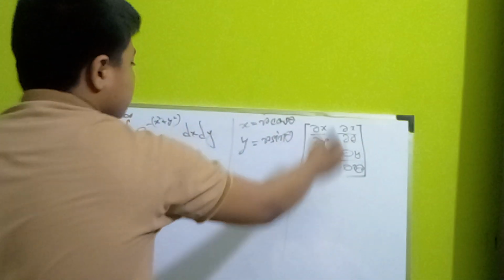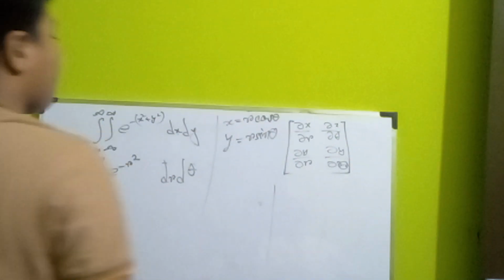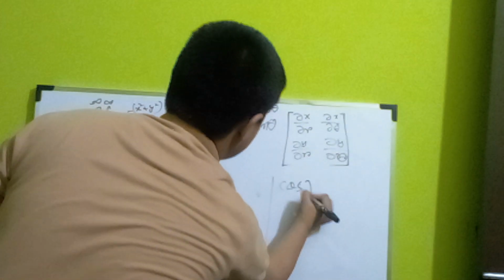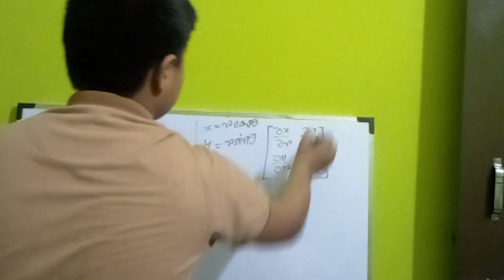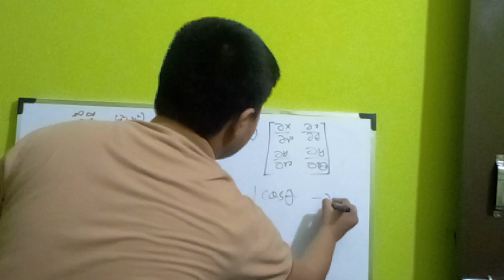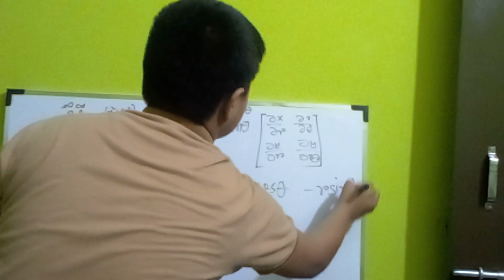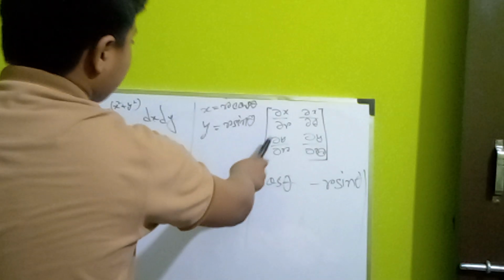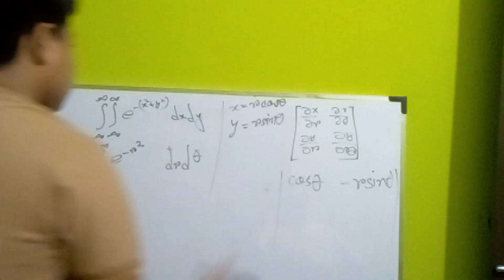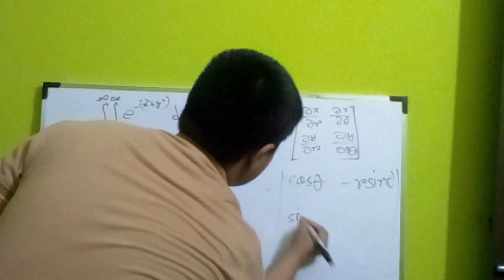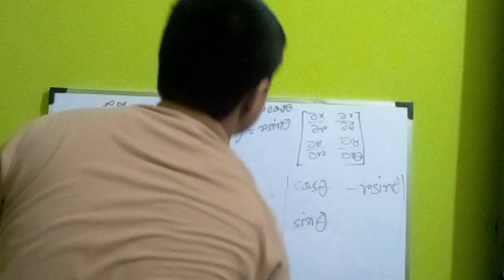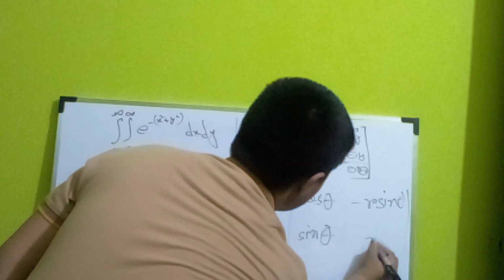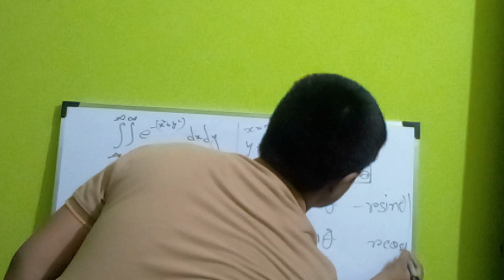The partial derivative of x with respect to r is just cosine theta. The partial derivative of x with respect to theta is just negative r sine theta. The partial derivative of y with respect to r is just sine theta. And the partial derivative of y with respect to theta is just r cosine theta.